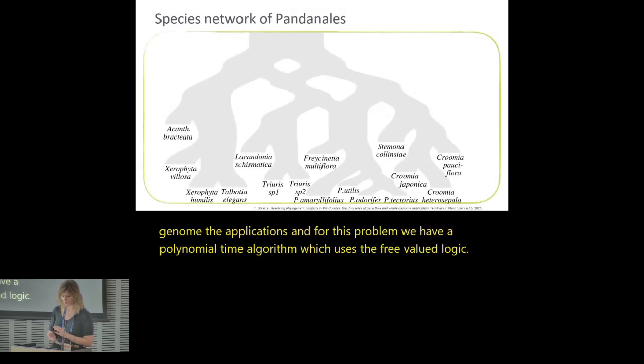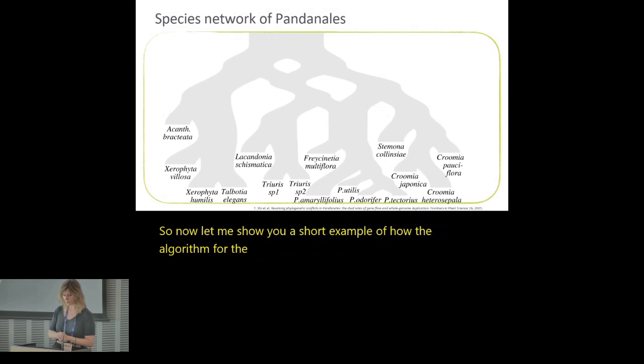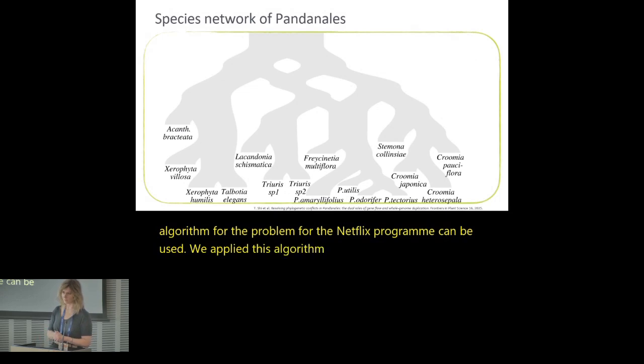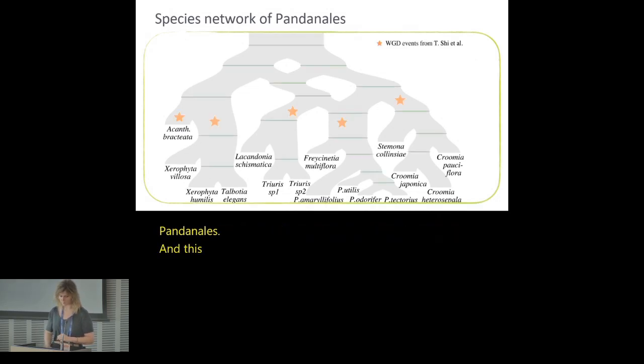Now let me show you a short example of how the algorithm for the NetFees problem can be used. We applied this algorithm to over 2,000 gene trees and a phylogenetic network with species from the Pandanales clade.